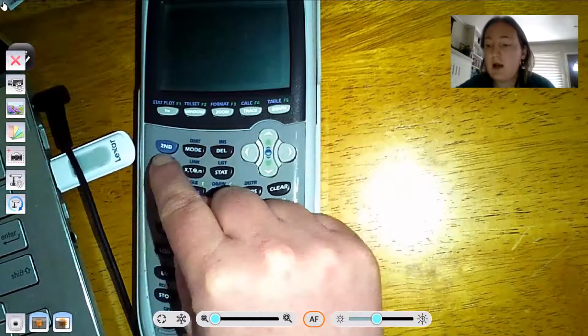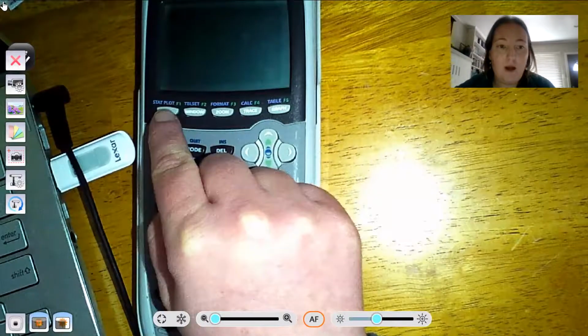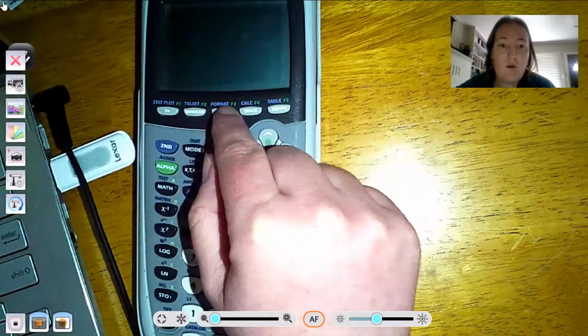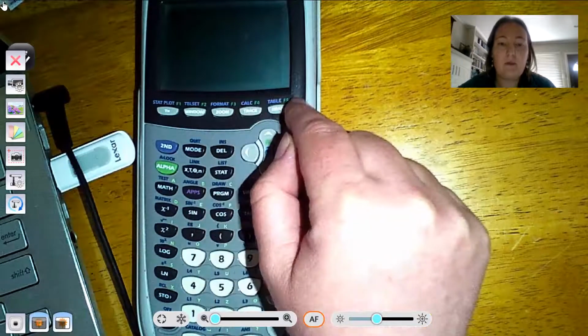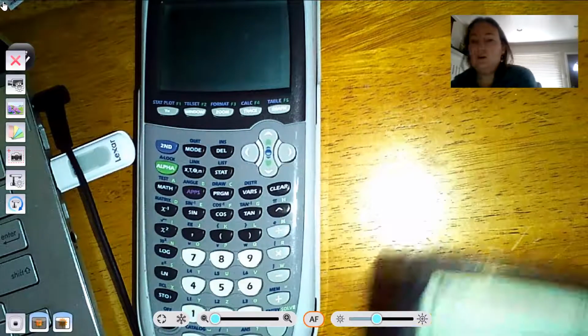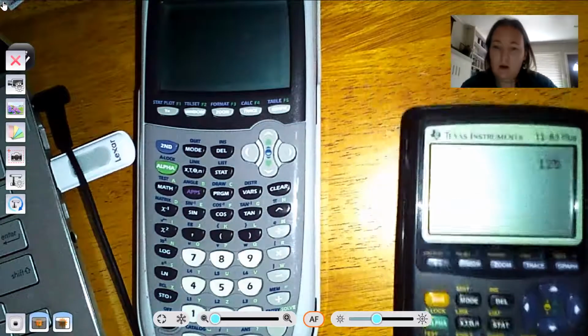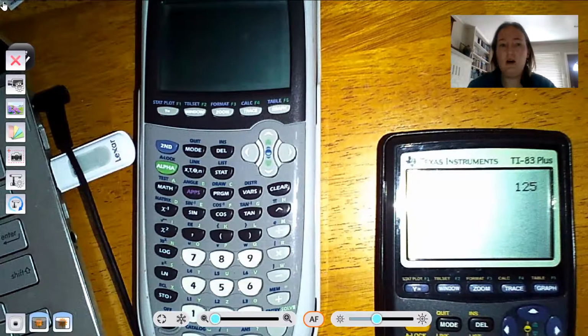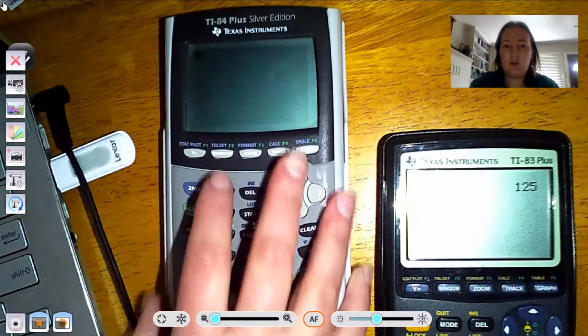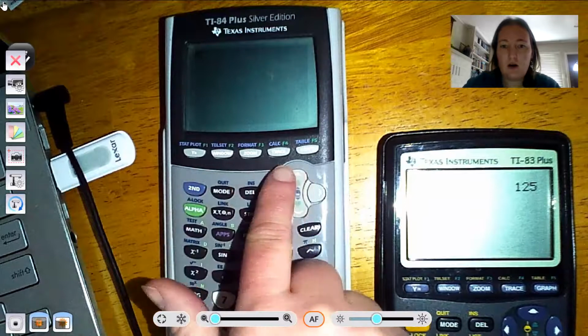And if you hit the second button, you can get to stat plot, table set, format, calculate, or calc, and table. So I'll leave this down here just so you can see the same things because the screen is a little bit harder to read those.